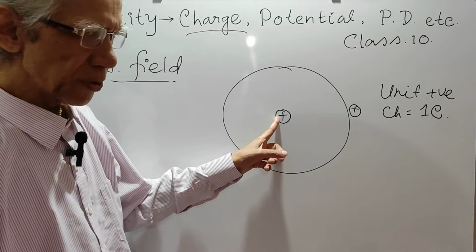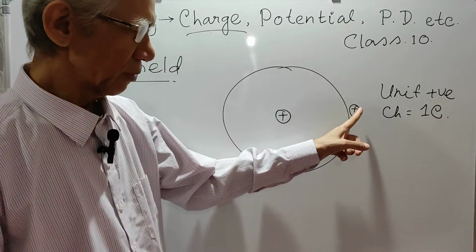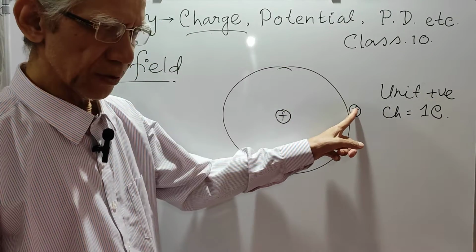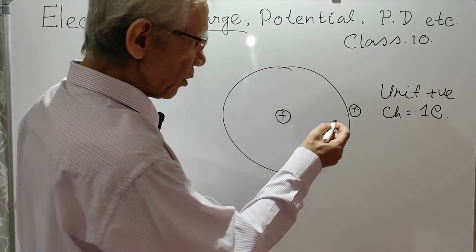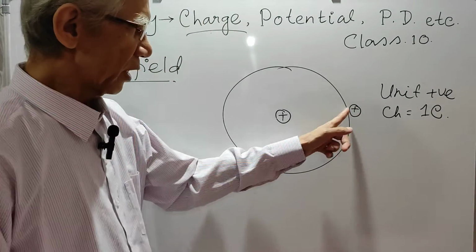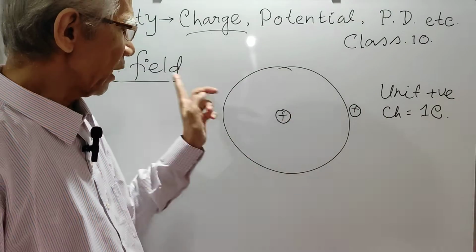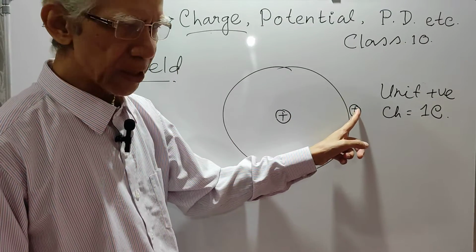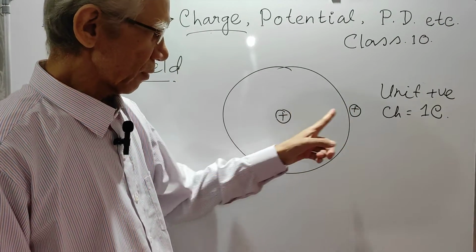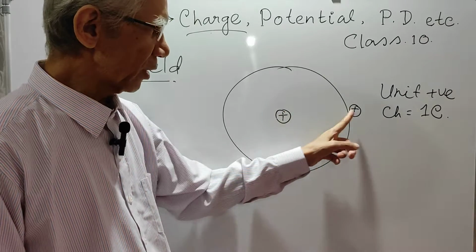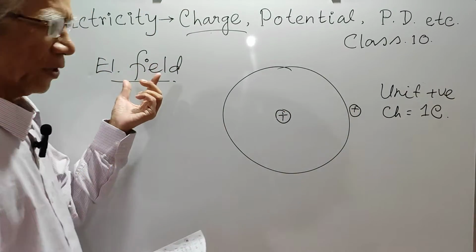Now this is a positive charge, so naturally there will be repulsion. So this will repel this, isn't it? Now this is just outside the zone of influence, outside the electric field. Therefore, this is not experiencing any force. It is not under the influence of this body because it is just outside the electric field.